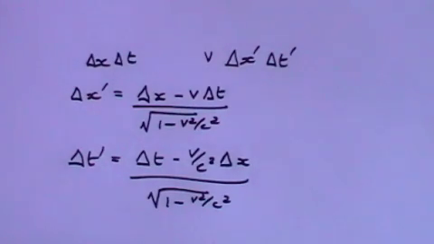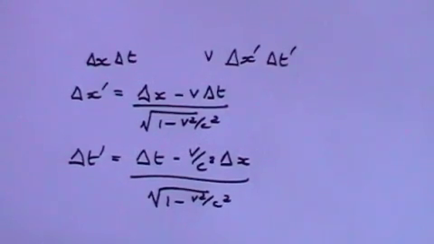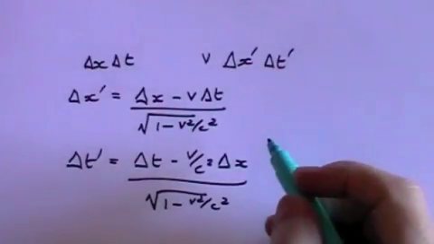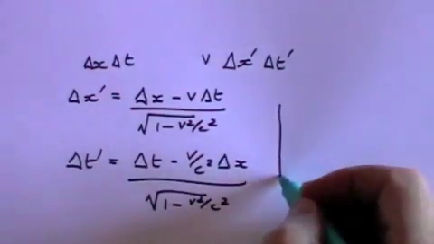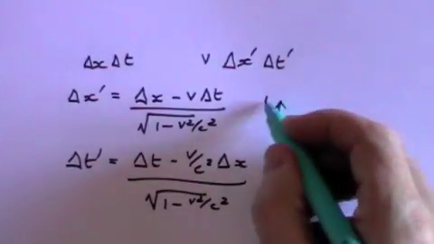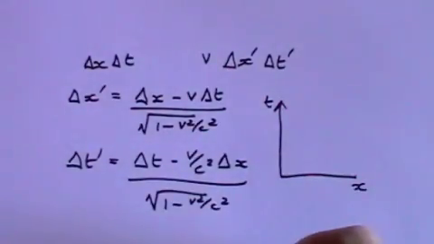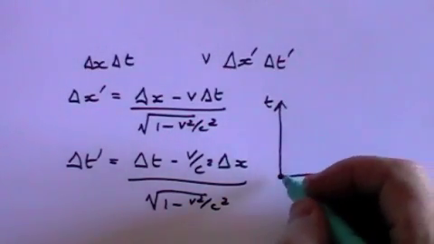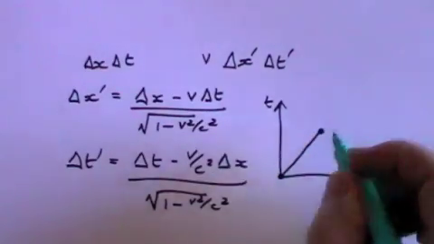Those are the two terms that relate the length and the time measured by one person compared with the length and time measured by another person who is travelling at speed v relative to the first person. So let's just be clear, to avoid the risk of boring you, but make sure that you understand before we move on. Here is a space-time curve, and I, as the first observer, observe that a ball rolls from here to here.